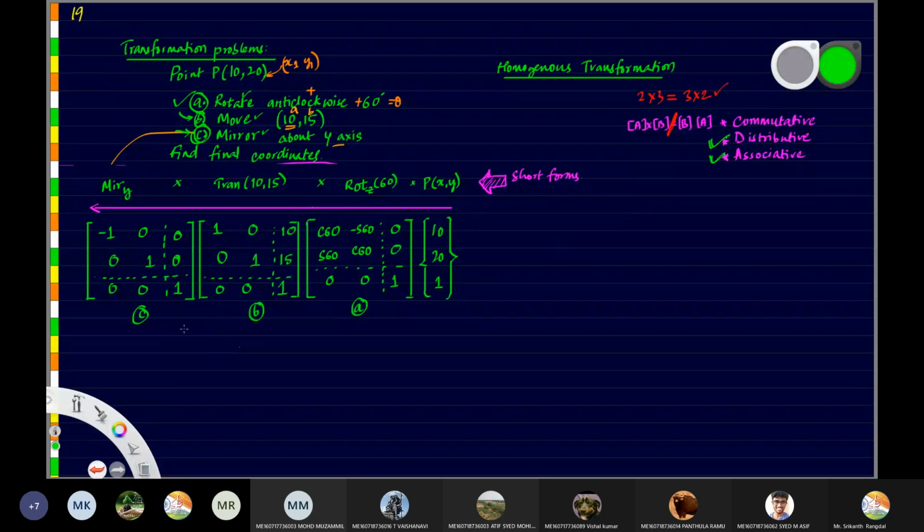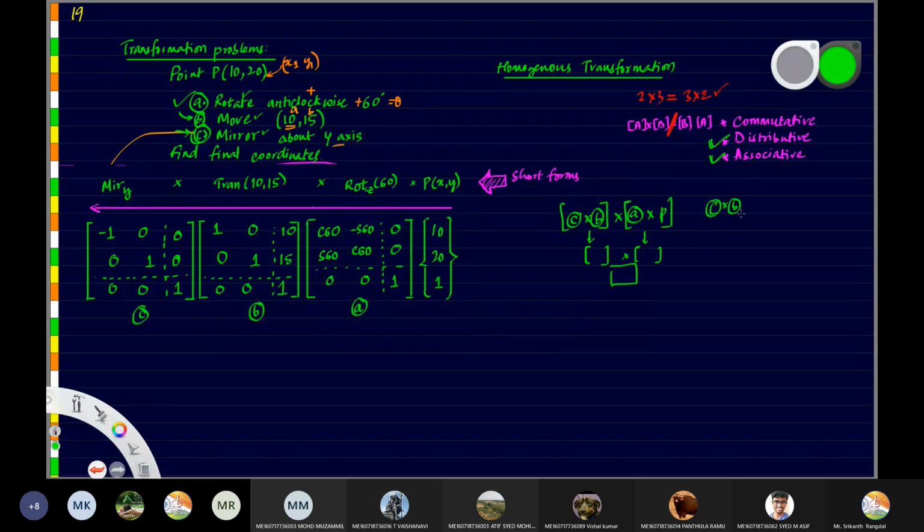So here, we can either multiply C into B first, and the result of that we can multiply with A. Or else we can do A into B first, and we will get some matrix. Now if you multiply that, you will get the final matrix. So this way also you can do, or you can take it one by one.